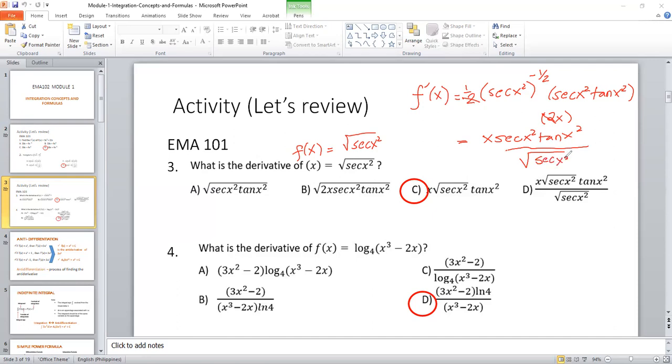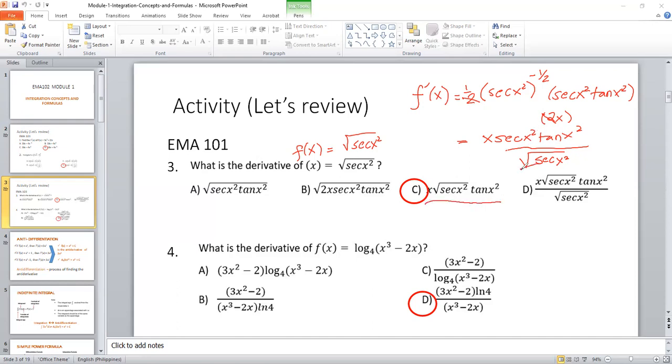Of x squared. Okay. Now what happens? The secant of x squared is understood to be raised to 1. The secant of x squared here is understood to be raised to negative 1/2. So negative 1/2 plus 1 is square root. So that is why you have it here.